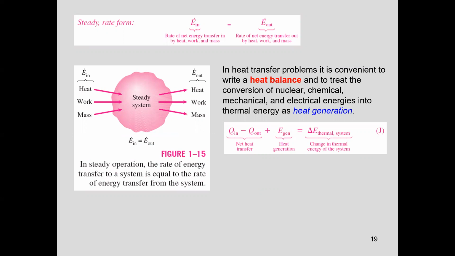In the case of a steady state condition, this rate form can be written as the rate of net energy transfer in by heat, work, and mass equal to the rate of net energy transfer out by heat, work, or mass. So this applies to all of them. In a heat transfer problem, it is convenient to write the heat balance and to treat the conversion of nuclear, chemical, mechanical, and electrical energies into thermal energy as heat generation.